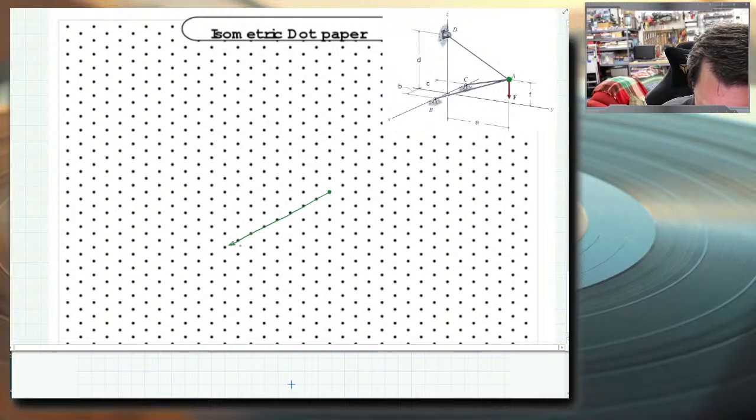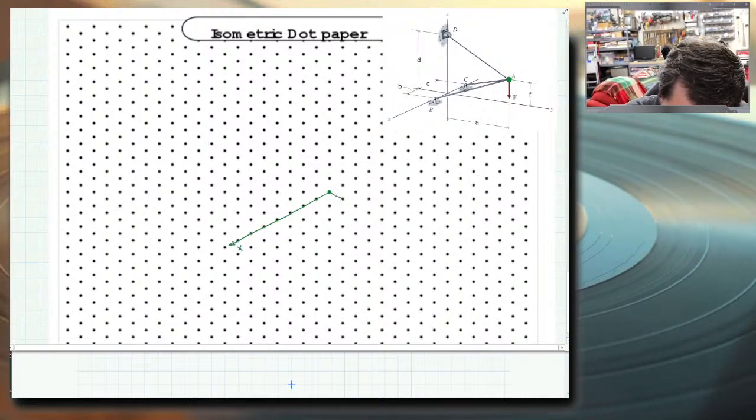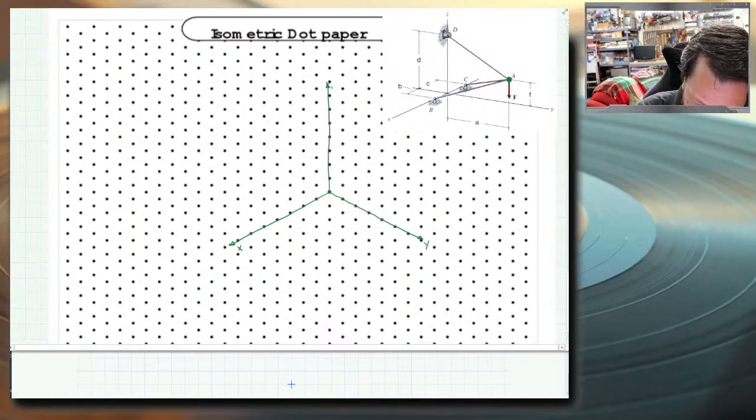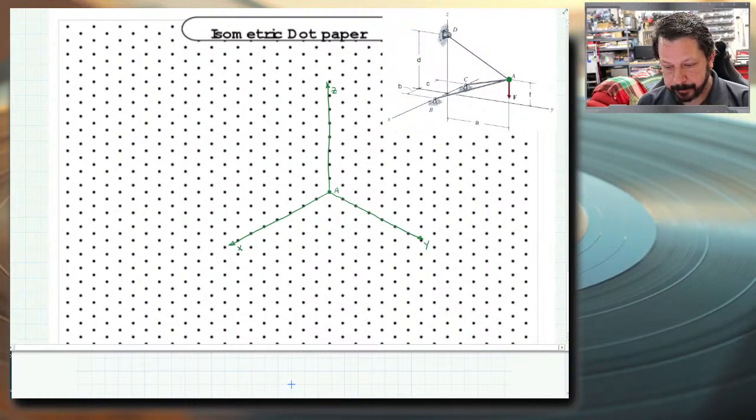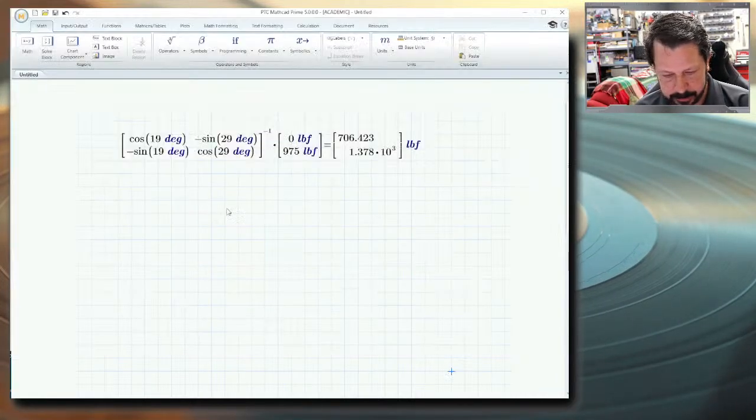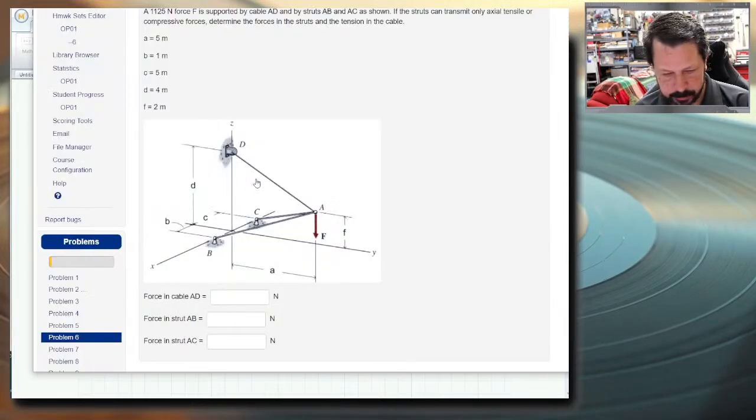And we'll do our x-axis, our y-axis, and our z-axis, but this is point A, not where they drew it in their picture. Now we have to try and figure out, I guess I need all these variables values for A, B, C, D, and F. Let's get those. Where did they go? Here they are.